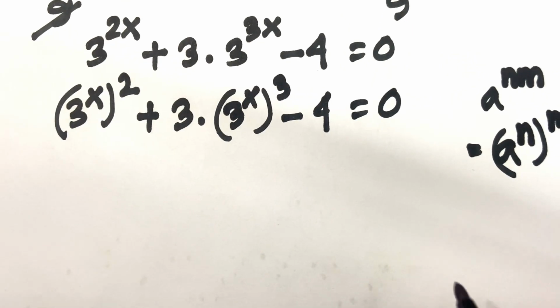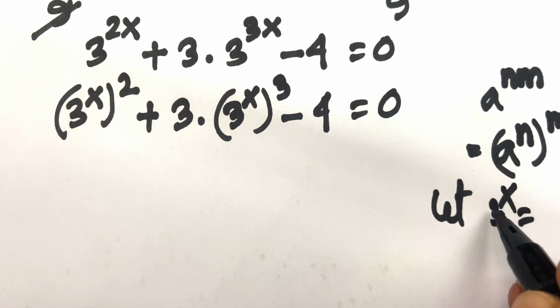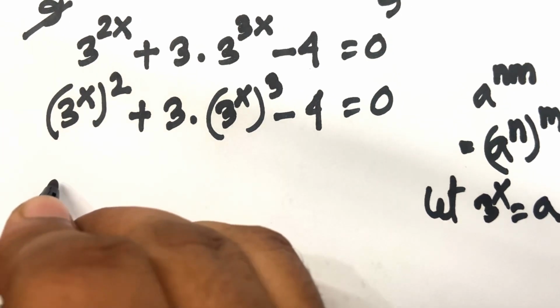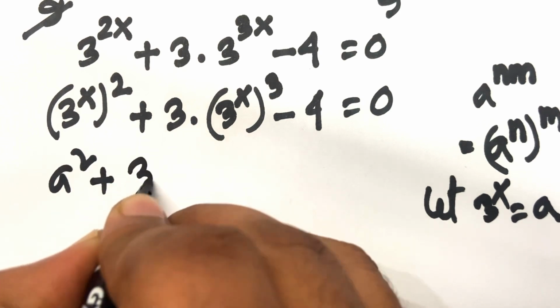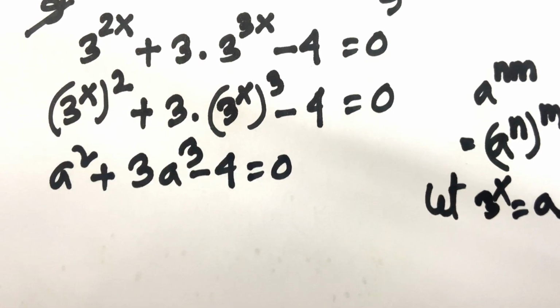Now let 3 to the power x be equal to a, so I can say a squared plus 3a cubed minus 4 is equal to 0.